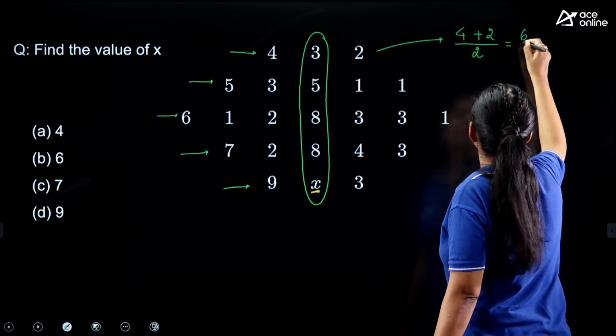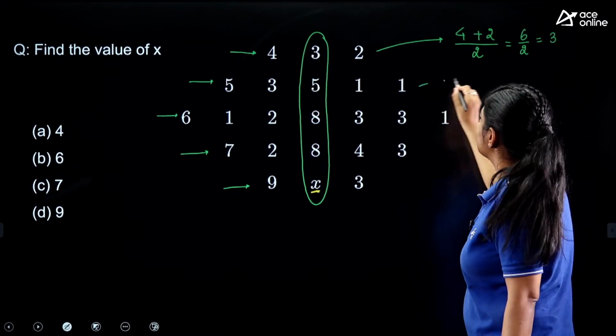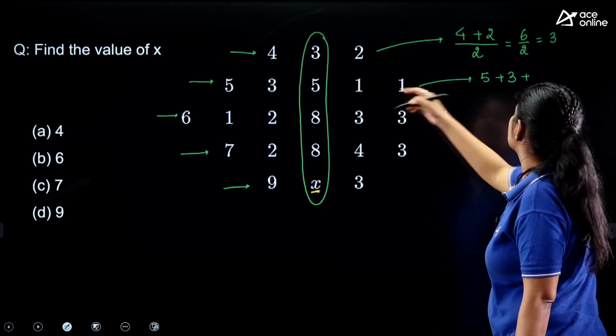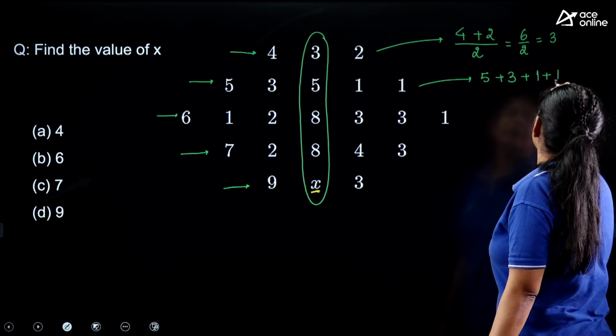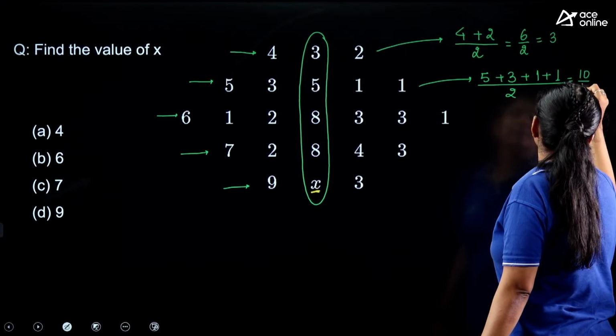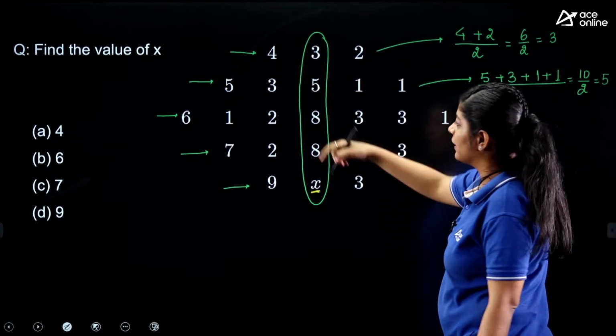Here 6 by 2 gives me 3. Similarly in this one, 5 plus 3 is 8, 8 plus 1 is 9, 10 by 2 is nothing but 5. And that's what we have in the middle of this.